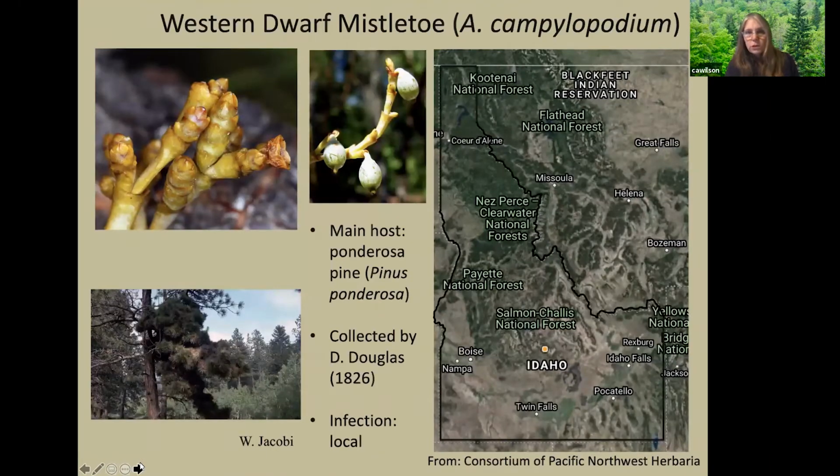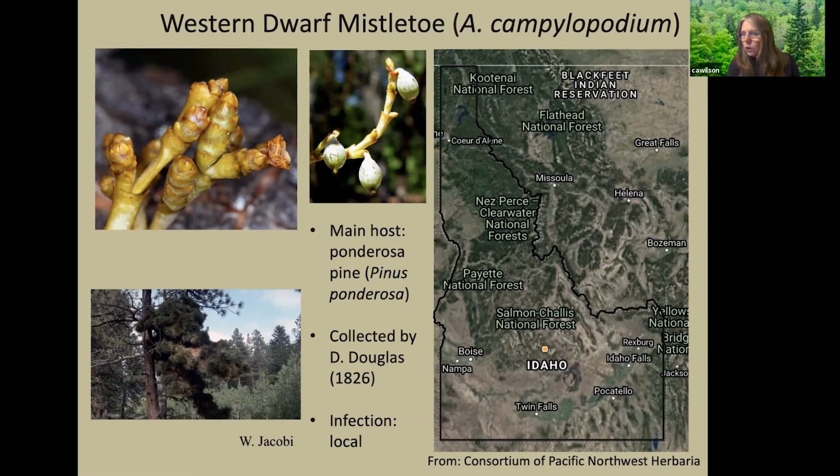So this is Western dwarf mistletoe, and it is the other species that was collected by Douglas, and it is found on ponderosa pine. It is common throughout the Western USA, and so that's why I think it has its name, Western dwarf mistletoe, because it occurs throughout the West, and it's Arceuthobium campylopodum.